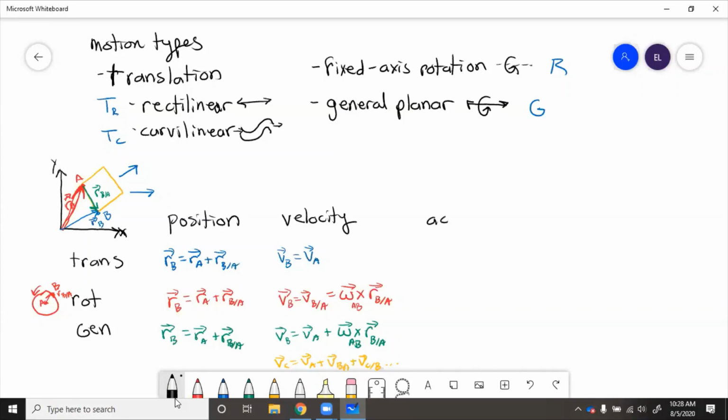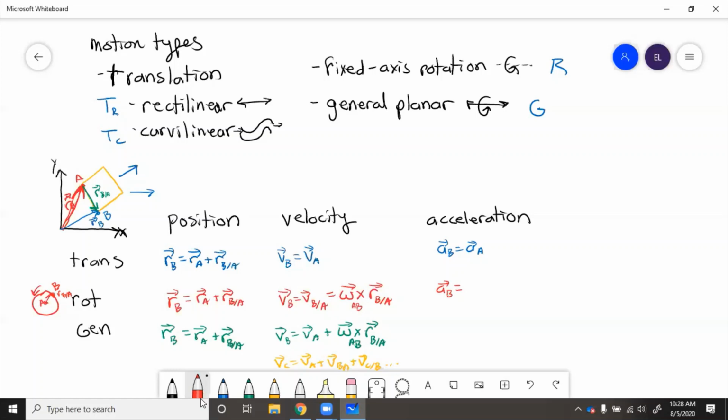And finally, acceleration. Again, since for translation, A and B move at the same speed, they also have the same acceleration. So AB equals AA. Now for rotation, we differentiate that velocity. So omega could be changing and RB with respect to A could be changing.